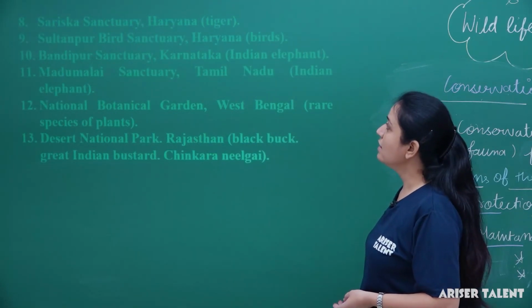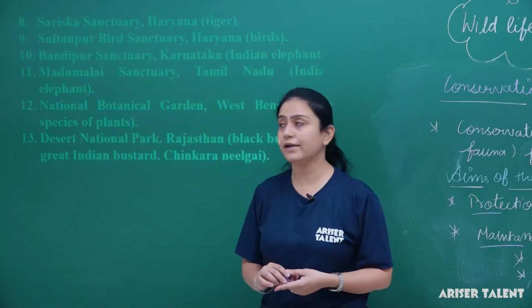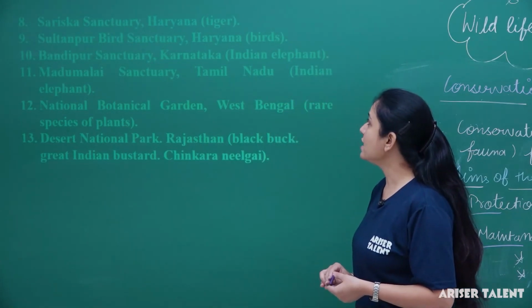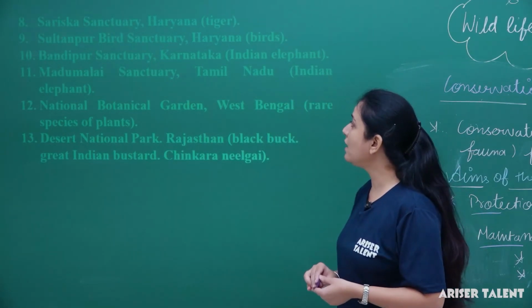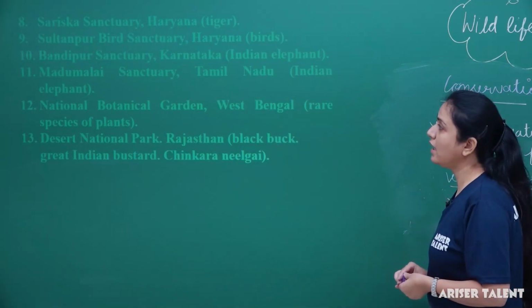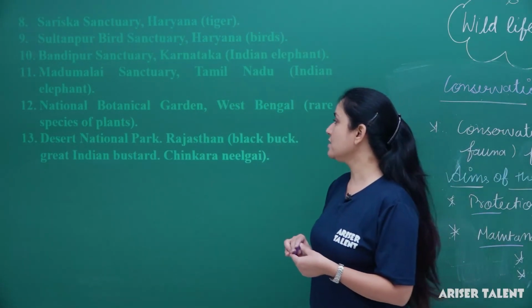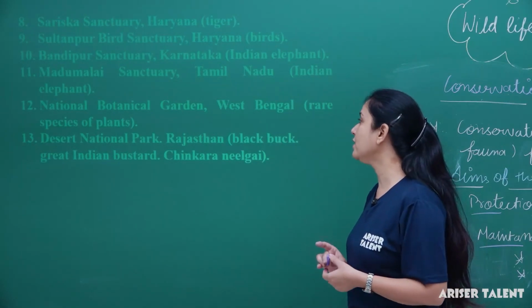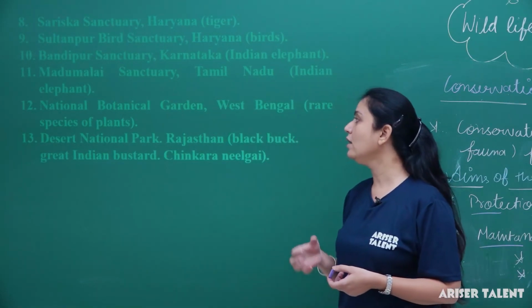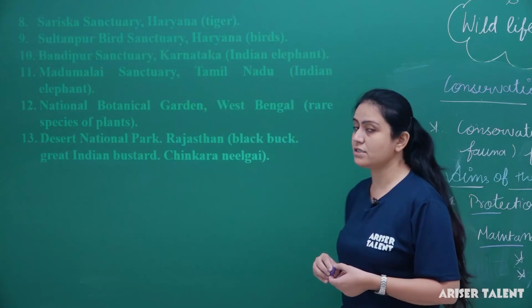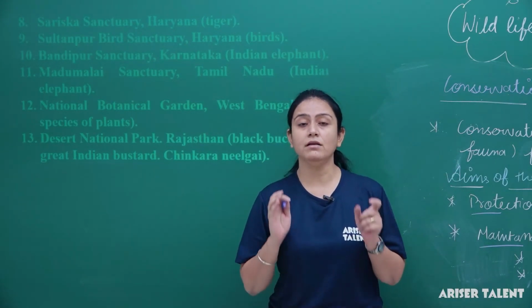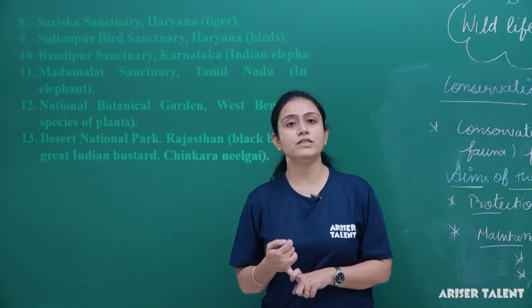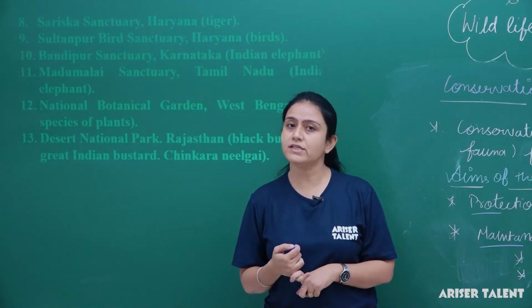Next is Sariska Sanctuary in Rajasthan, Sultanpur Bird Sanctuary in Haryana, Bandipur Sanctuary in Karnataka, Mudumalai Sanctuary in Tamil Nadu, National Botanical Garden in West Bengal, and Desert National Park in Rajasthan. So these are the main protected areas in which conservation of wildlife is done.